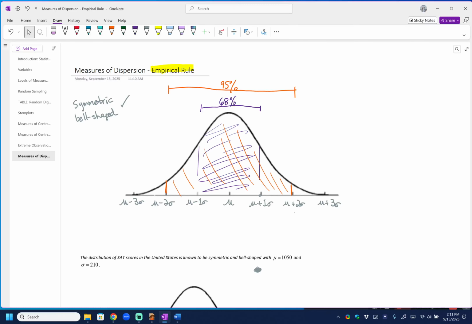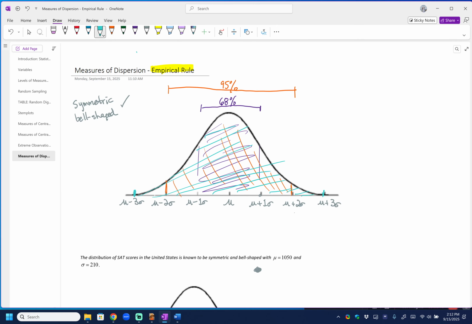And finally, if we were to go all the way to 3 standard deviations each way from the mean, and we were to highlight all of this, obviously it's going to be bigger than 95, right? I'm going to put it up here, even though it looks weird.